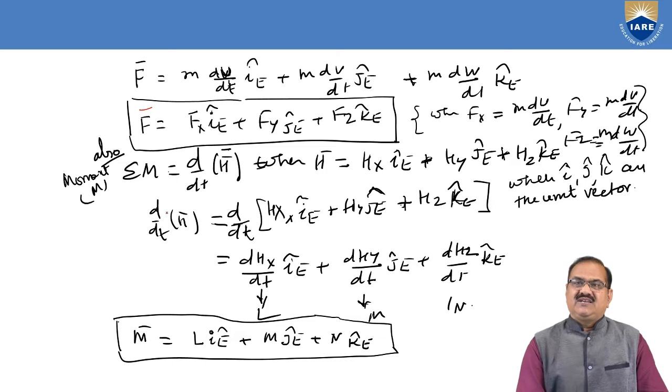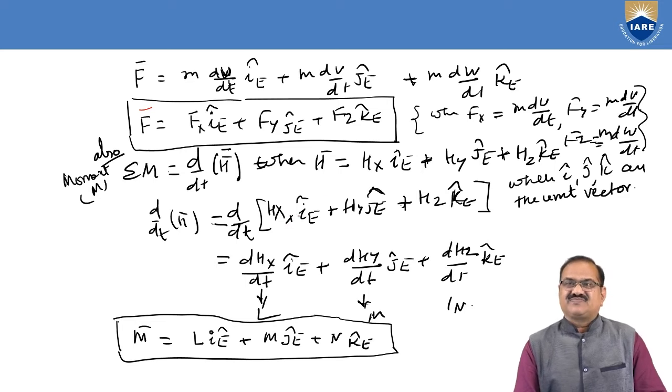Okay, so here d/dt H bar, we can write d/dt (Hx i_e + Hy j_e + Hz k_e). Here i, j, k are the unit vectors. So we have to multiply d/dt inside. So we will get dHx/dt i_e + dHy/dt j_e + dHz/dt k_e.